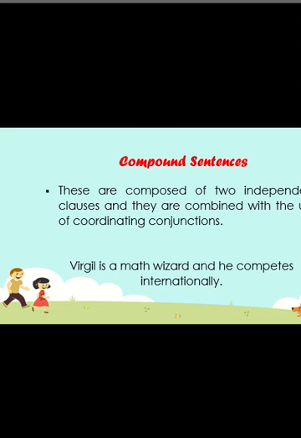Okay. But first, before we go with the coordinating conjunction, let's deal with this first example. Virgil is a math wizard and he competes internationally. Can you identify what is the first independent clause in the sentence? Okay, Erica. Virgil is a math wizard. Okay, that is the first independent clause. What is the second independent clause in the sentence?